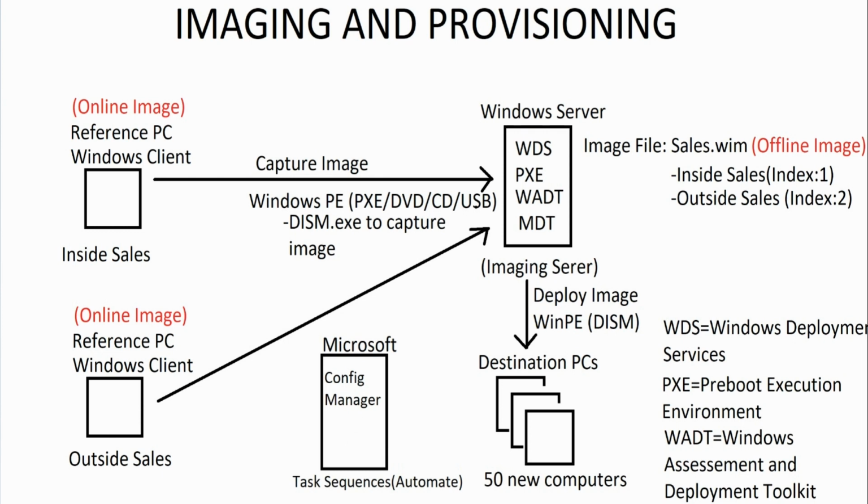So the thing about Config Manager is it can communicate with your various devices, and it can tell them what to do. It can tell devices to get captured, and it can tell devices to get deployed, and it can tell the server information that needs to happen as well.